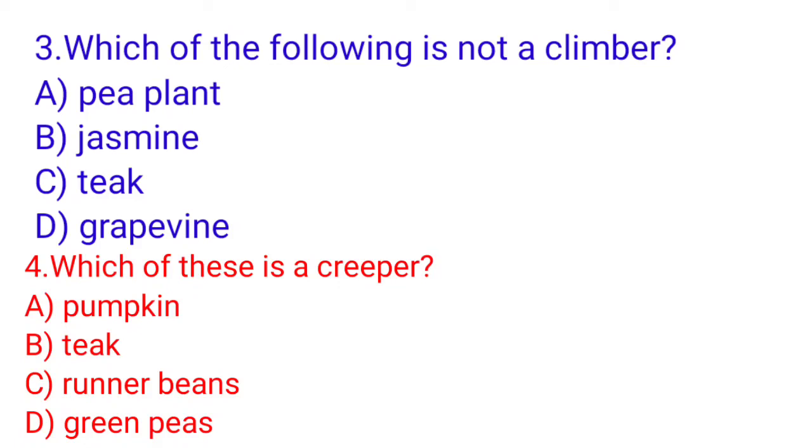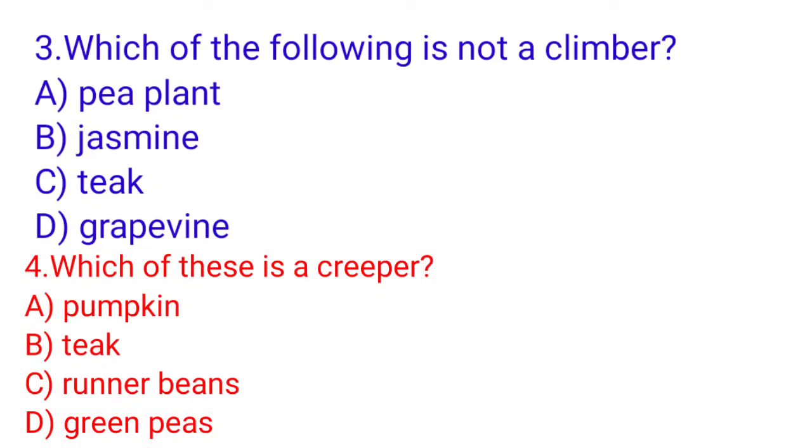Oh yes, the correct answer is C, that is teak, because teak is a tree while pea plant, jasmine and grapevine are the climbers. Question number 4. Which of these is a creeper?